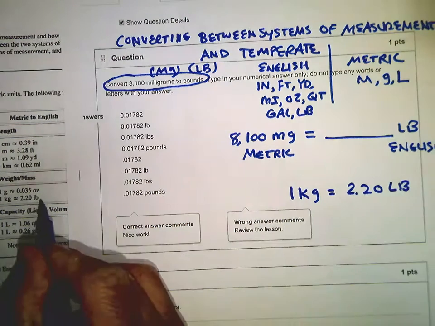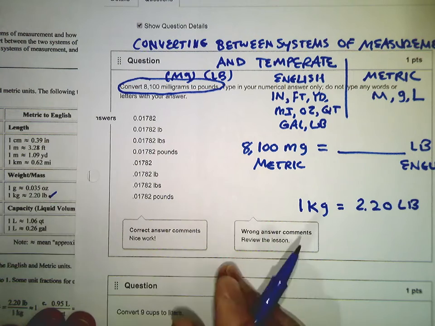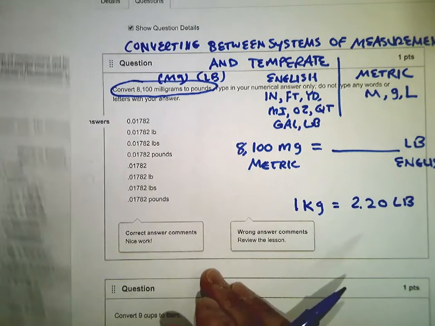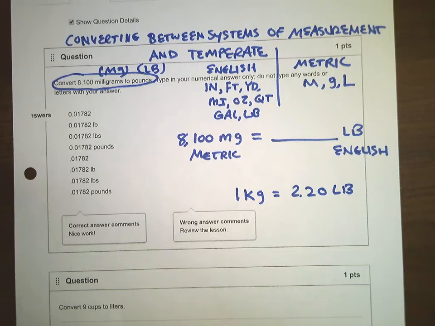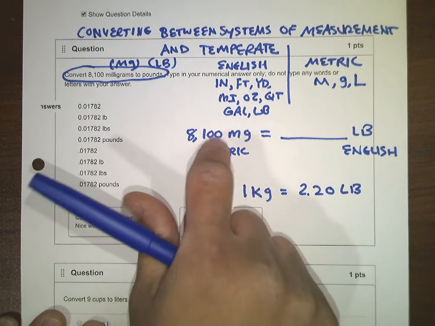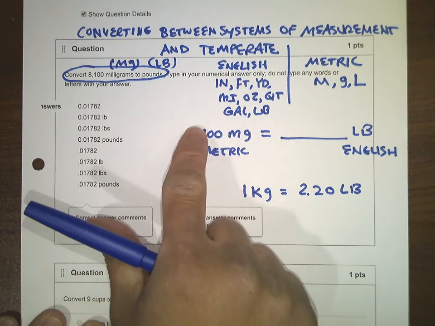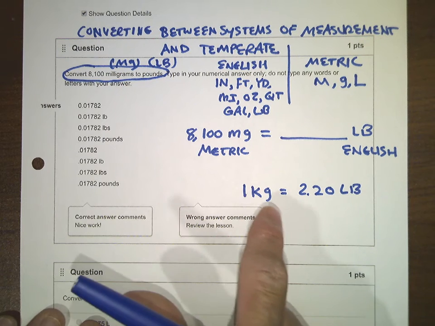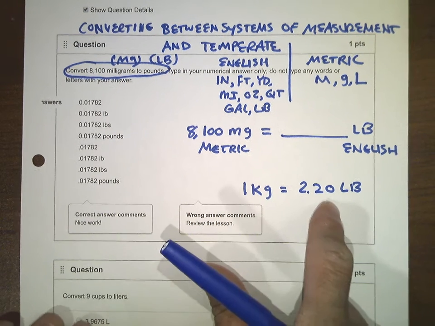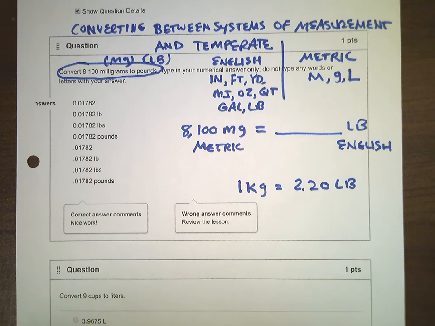That's the only one here that even says pounds, so I have to use that one. So right now, what I see is that I first need to convert the milligrams to kilograms, and then the kilograms to pounds. So let's go ahead and do that.